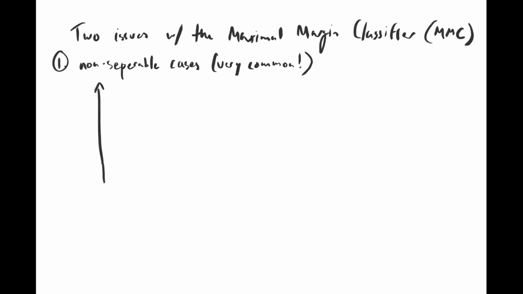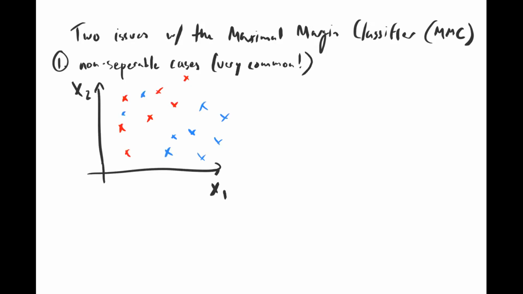So let's imagine a case where I have x1 and x2. And let's just go ahead and draw our points again. Okay, so in this case, what happens if I do something like this?